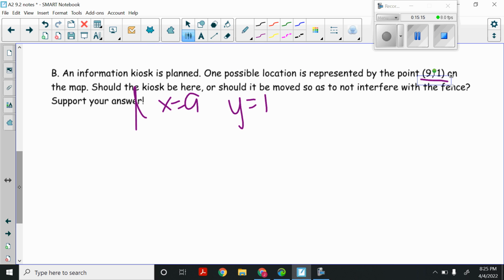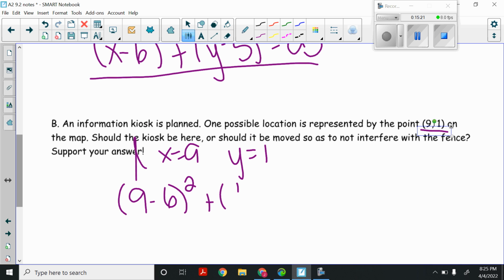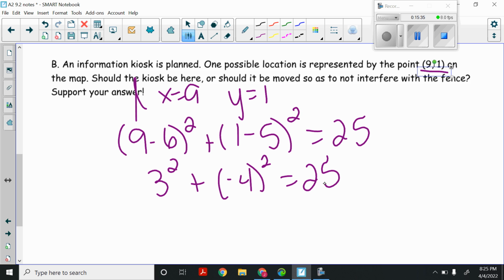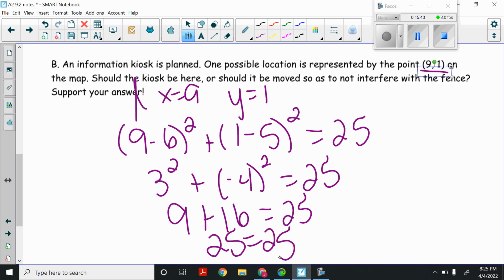So (9 minus 6) squared plus, instead of y, I'm going to put (1 minus 5) squared equals 25. And I'm just going to work this out. So 9 minus 6 is 3 squared. 1 minus 5, negative 4 squared. 3 squared is 9. Negative 4 squared is 16. So I get 25 equals 25.